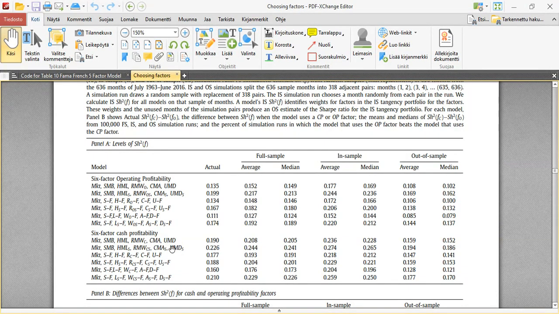We average the maximum squared Sharpe ratio across these 100,000 full sample simulations.